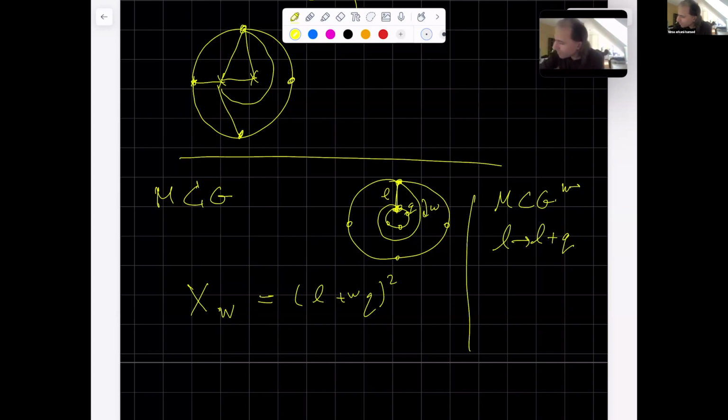As the winding goes to winding plus 1, the loop momentum shifts. L goes to L plus Q. So the integrand, this infinite integrand, is not invariant under the mapping class group. It's covariant, so you have to shift the loop integrand to keep the integrand invariant. But post loop integration, of course, because the loop integration is invariant under a momentum shift, the post integrated object is mapping class group invariant.